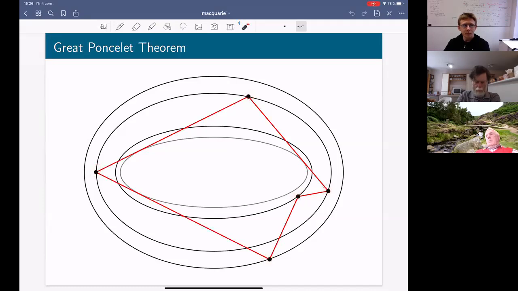And then in this case, as you see in the illustration, this trajectory is closed. Then the great Poncelet theorem says, if we get a closed billiard trajectory in such a more complicated billiard game, then the trajectories will be closed independently of the starting point of our game.